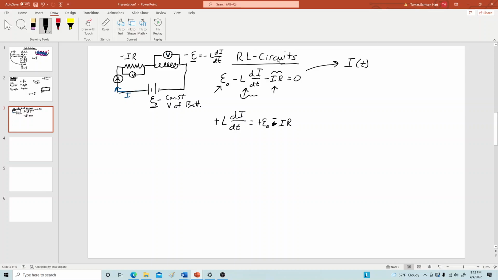Okay. Now divide both sides by L, and I'm actually going to move my work over here to preserve space on the screen. And I've got di dt is equal to epsilon naught minus IR over L. Now, what you can do at this point is factor out an R from the numerator.